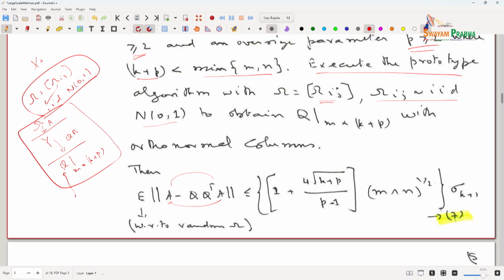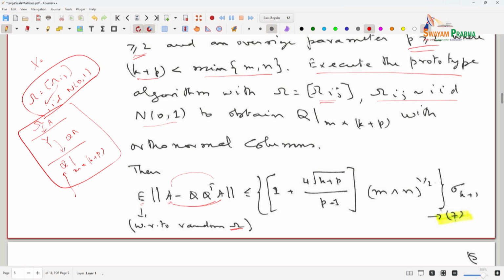Even though the procedure to obtain q from y is deterministic, if I am going to process a random input, the output is random. So, q is random. Because of this, the error is random. So, I am going to have to take the expectation of this error. The expectation is over the randomness of the matrix omega, sampling the original space.